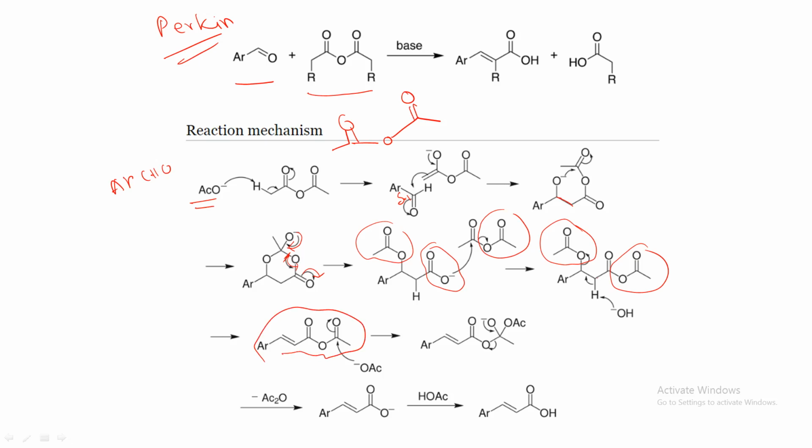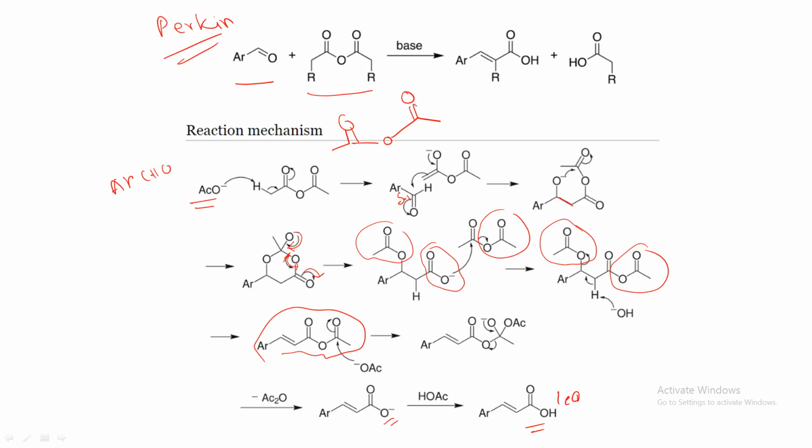So what is this? This is an alpha beta unsaturated anhydride type thing. And now in presence of base, it also can be removed like this. OAc can attack and generate this O minus, which is nothing but acid. So in this way, one equivalent of alpha beta unsaturated acid is generated, and another acid is also generated over here.